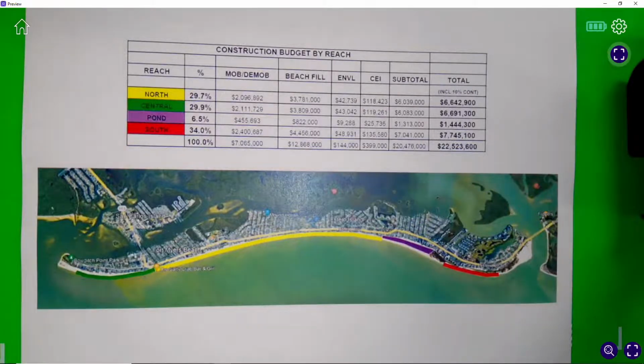Chad, with the ponding area that you're talking about, it's still a significant amount of money at 1.4 million, but in the grand scheme of things, it's a smaller number compared to the other sections. What portion of that would be the town's, should that not be included in the critically eroded? So we're still negotiating with Lee County on that.